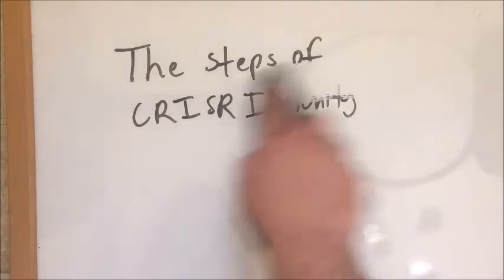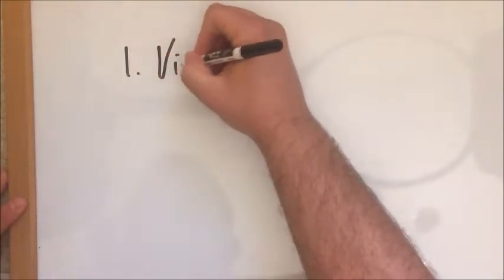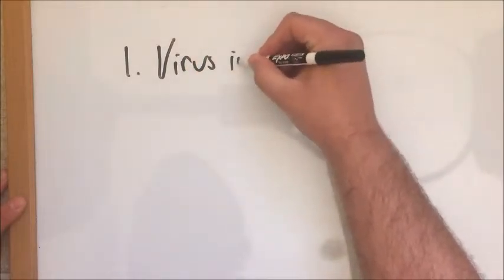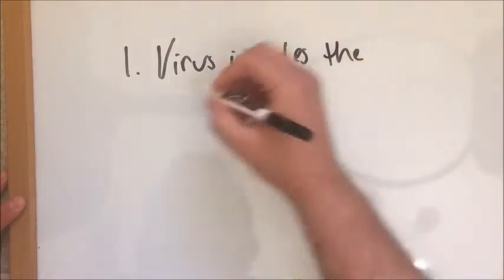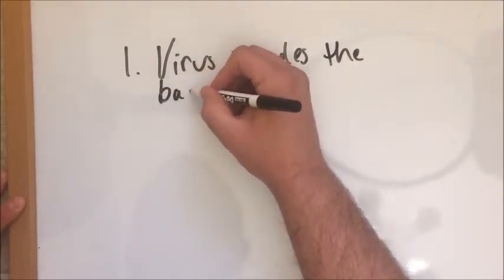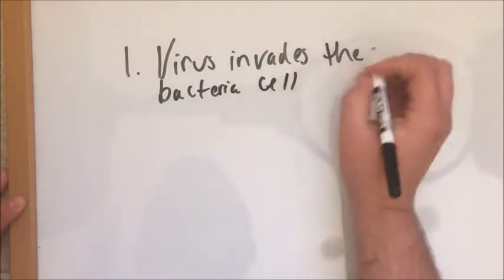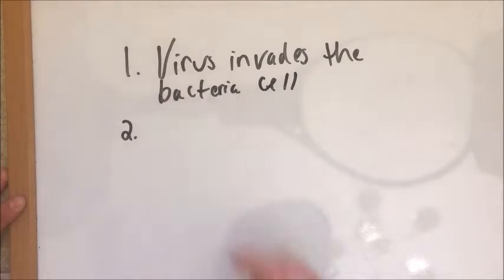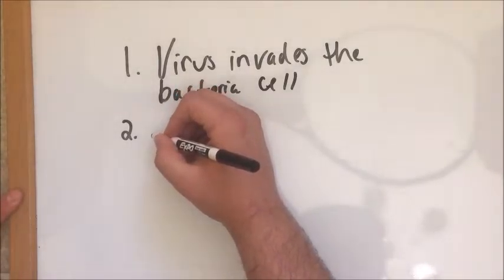The first step is the virus will invade the bacterial cell, and these regions are composed of short DNA repeats and spacers. When a previously unseen virus infects a bacterium, a new spacer derived from the virus is incorporated amongst existing spacers.